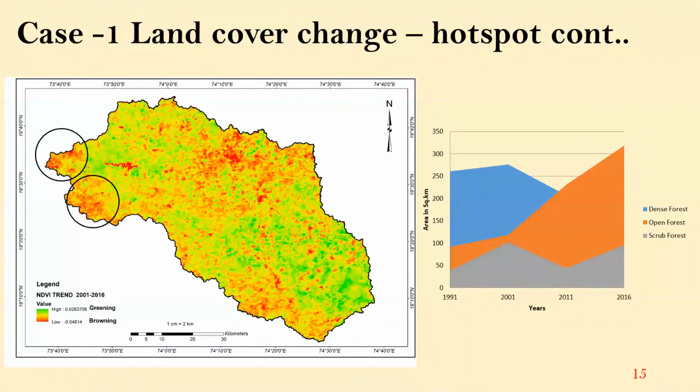It may be due to the expansion of agriculture land, or the built up or construction of a new dam, or degradation of forest cover. All this information can be easily captured by the remote sensing system, and we can use it for policy making or making important decisions for interventions.